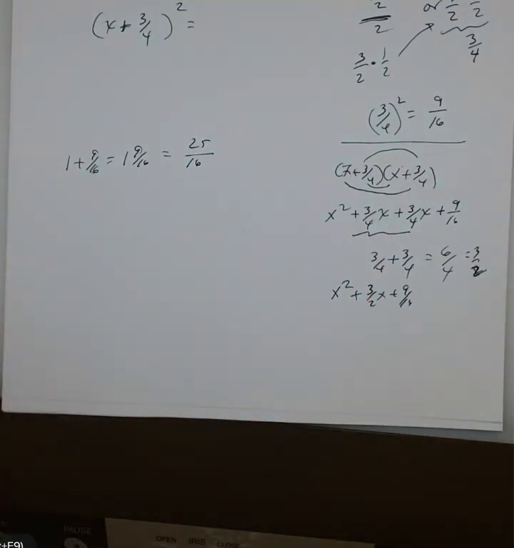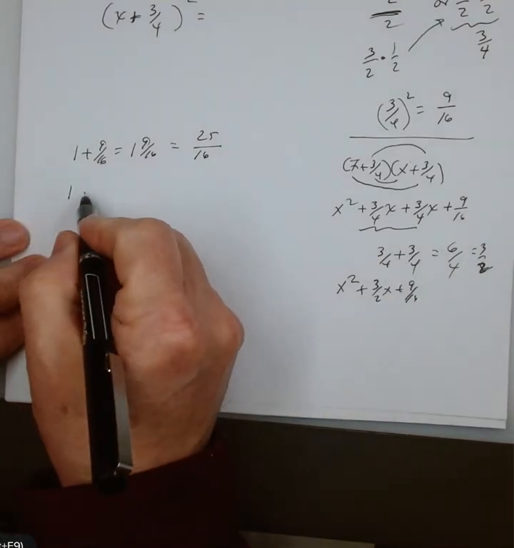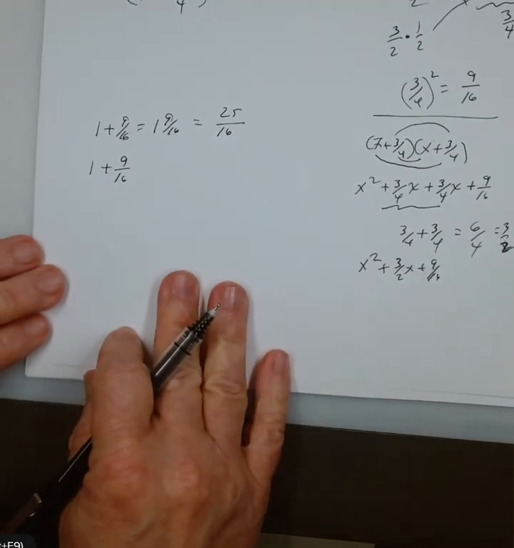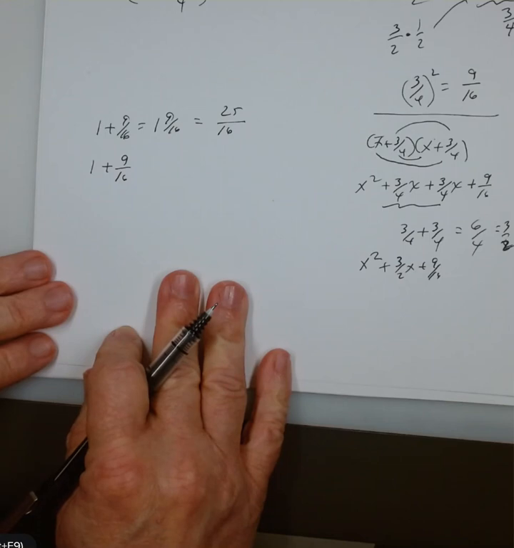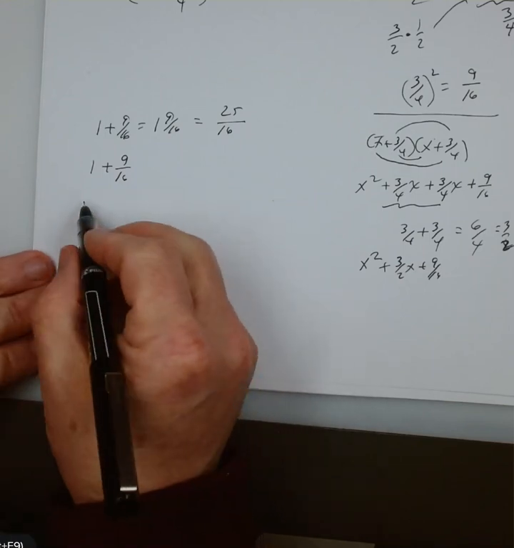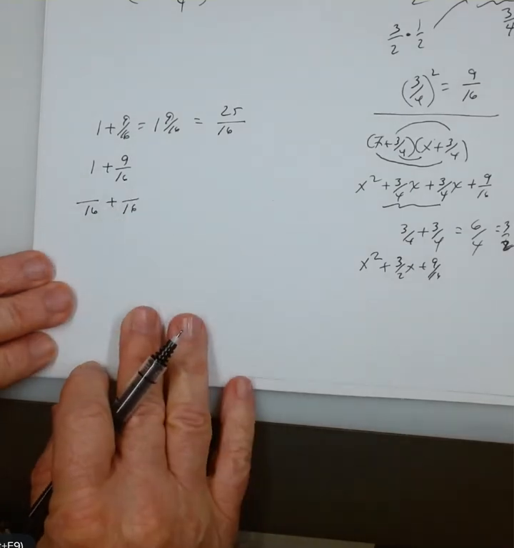So 1 and 9/16 is 25/16. The other way to have done that, where I'm adding two fractions, is to find the least common denominator. What's the least common denominator? 16. So I'm going to write two fractions with 16 as the denominator.